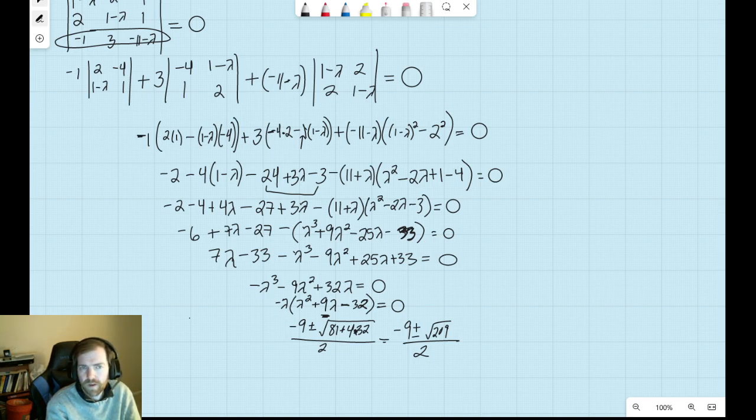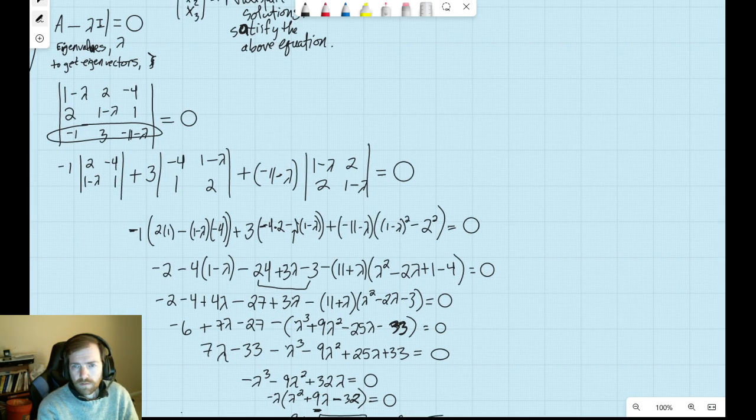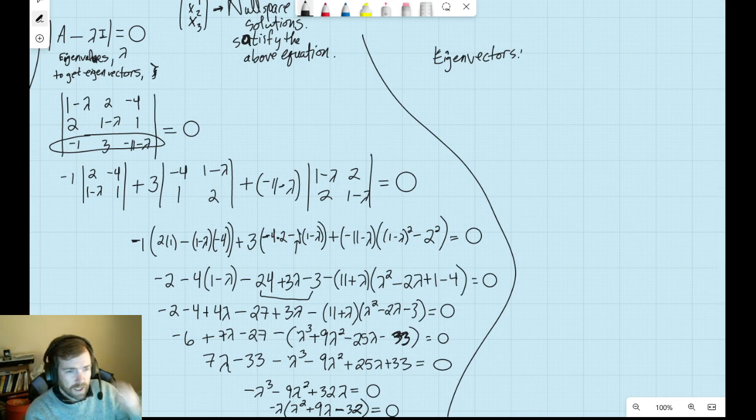But one of the ways in which you can solve for eigenvectors is by taking each of your eigenvalues, which, if you remember, one of them was 0, so we'll go with that one.